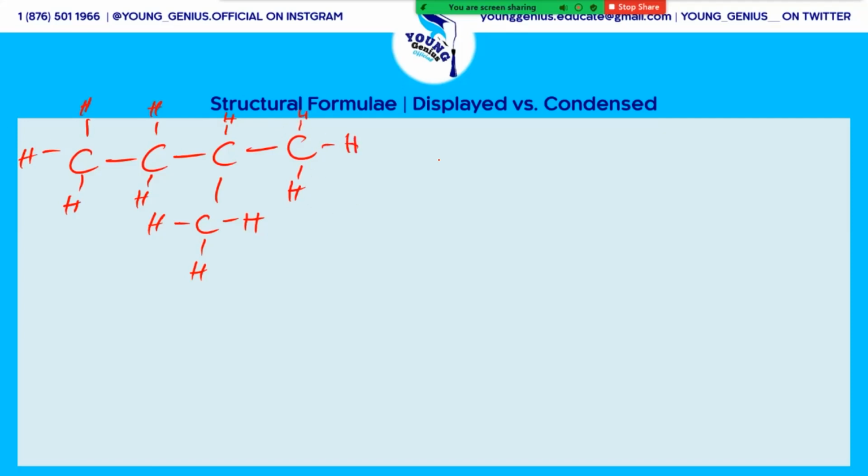Now, the first carbon has 3 hydrogens and another carbon bonded to it. So you want to keep that in mind. This carbon is bonded to 3 hydrogens and another carbon. So that's how you're continuing the chain. This carbon number 2 is bonded to 2 hydrogen atoms and another carbon atom.